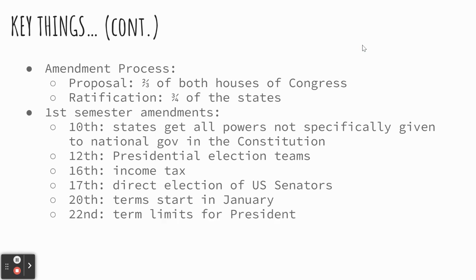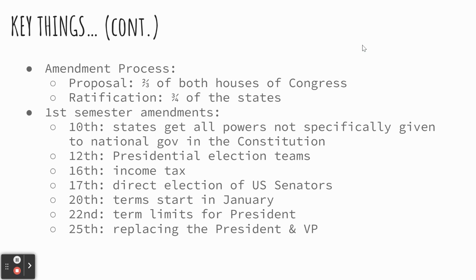We talked about the 22nd Amendment. This limits presidents to 2 full terms or a maximum of 10 years in office. And then we talked about the 25th Amendment, which deals with replacing the president and vice president if there's a vacancy.